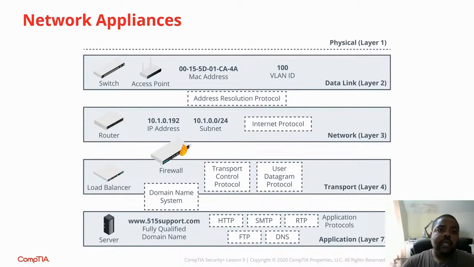So if you're not familiar with the OSI model, I want you to take it upon yourself to Google the OSI model and look at the different layers of how data is transferred from one device to the next. This picture right here is showing how data comes into your network.